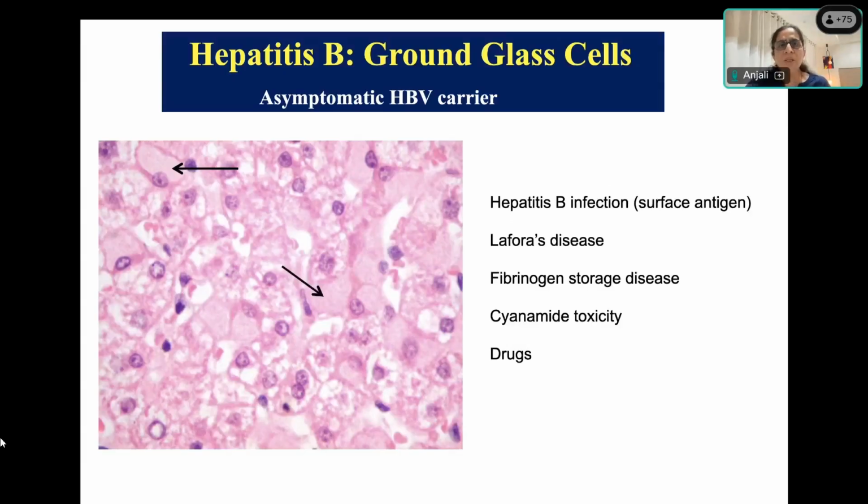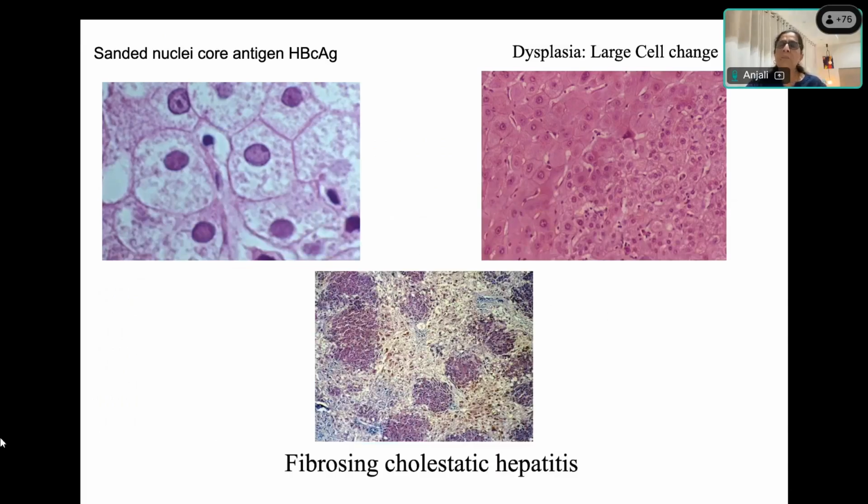Other histological features you may see in hepatitis B positive patients are sanded nuclei. On the left hand side, the picture is showing sanded nuclei, which represent hepatitis B core antigen. On the right hand side, what you can see is large cell change.